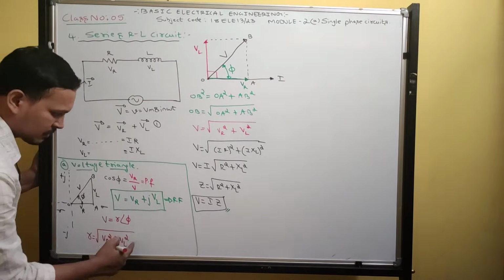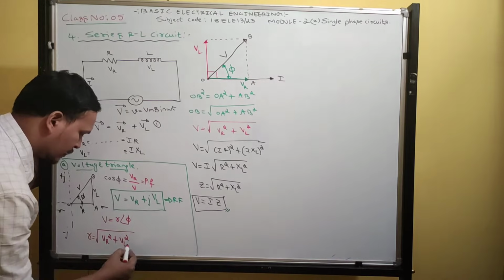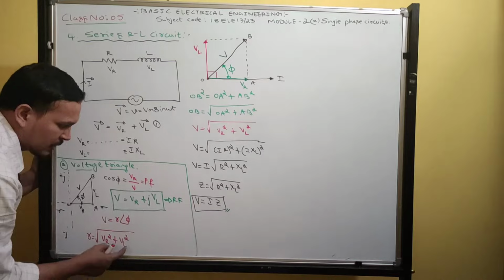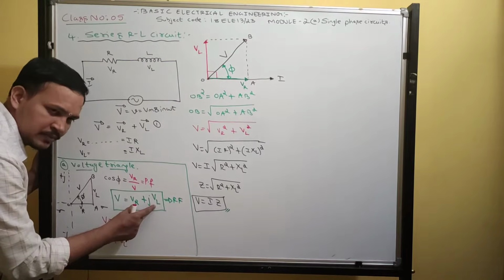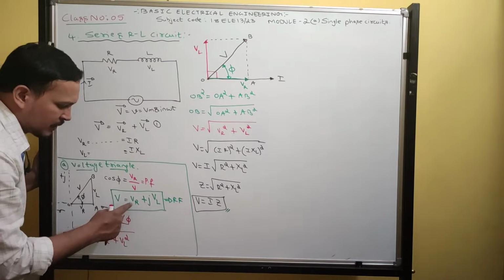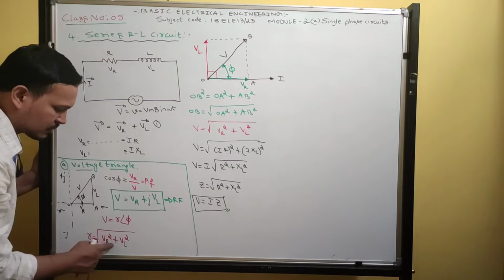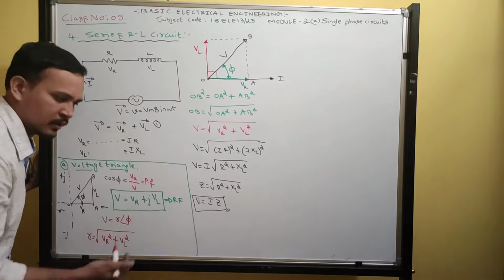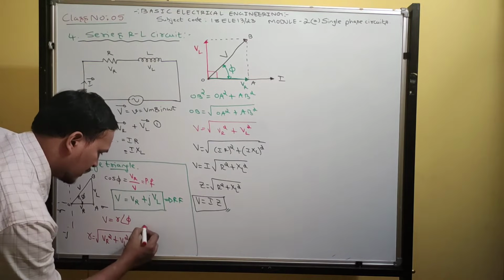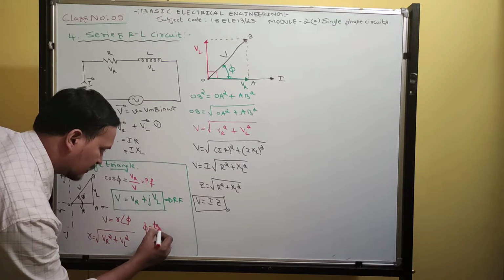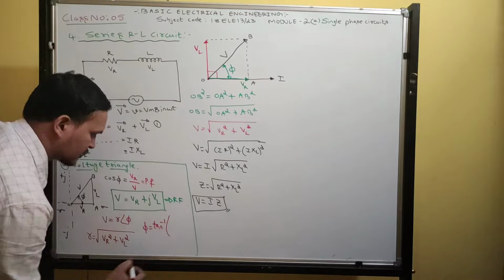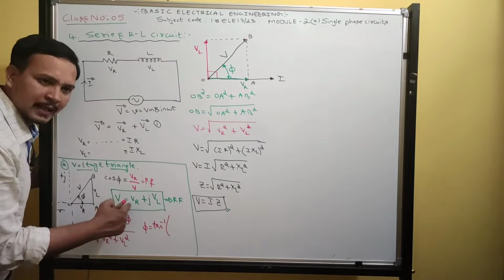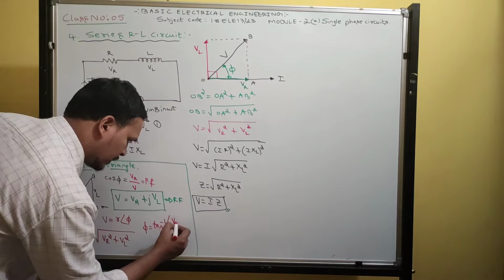For example, if it is 5 plus j6, you should write the square root of 5 square plus 6 square. That's it. It may be an impedance triangle, voltage triangle or power triangle. Then the angle phi is calculated by this relation: tan inverse of the imaginary component divided by the real component. What is the imaginary component?